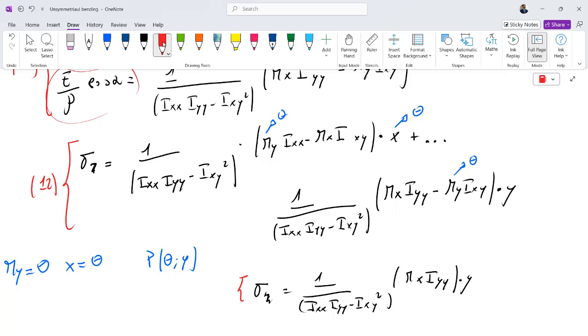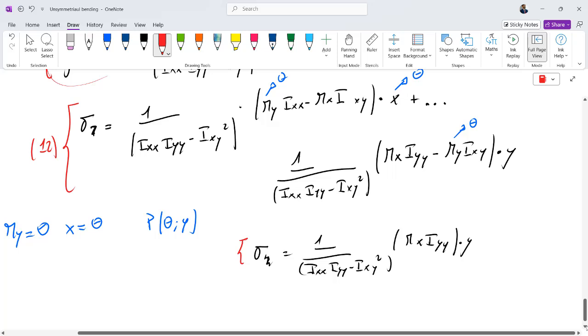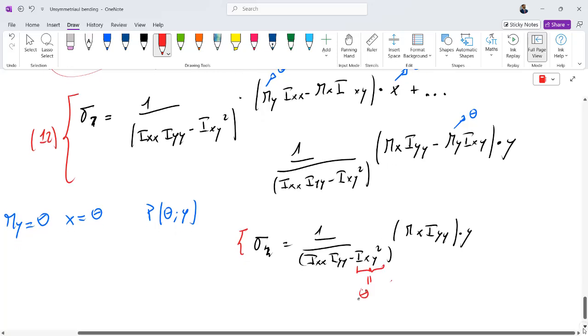But to obtain the same formula studied in the second video made in this playlist, I must make another consideration: that the cross section is 2 times symmetrical, meaning the section is symmetrical with respect to the x-axis and with respect to the y-axis. If x and y are also two symmetry axes, we obtain that this quantity is identically equal to 0.